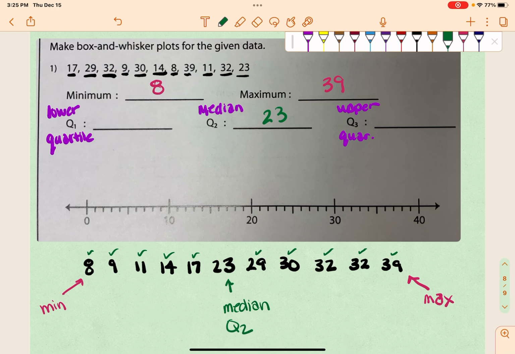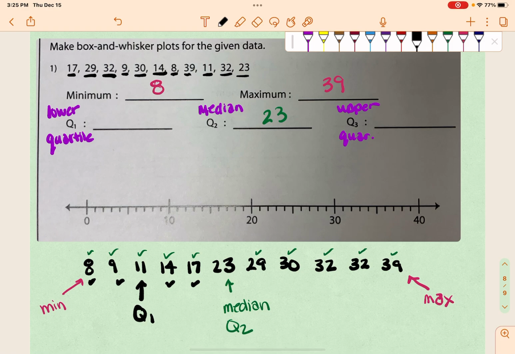Now what you really have to do is look at the set of numbers on either side. This is one half of your numbers, and this is the other. To find Q sub 1, I'm going to find the median of this group of numbers below the median. If I pair these up, this number is exactly in the middle.